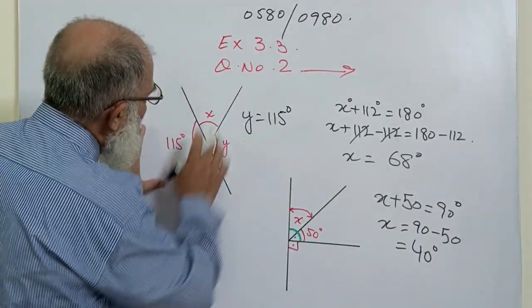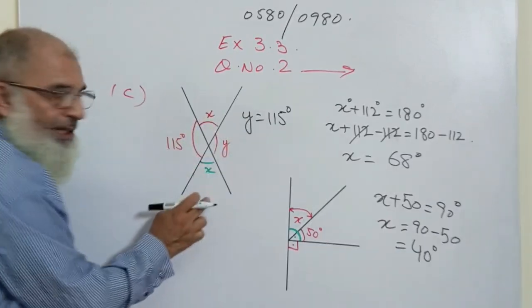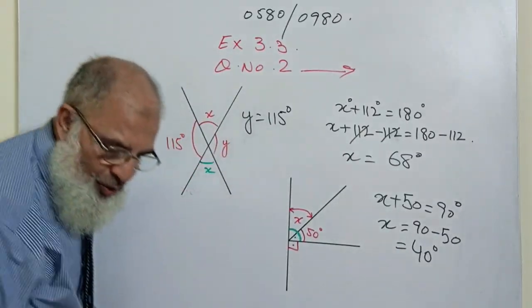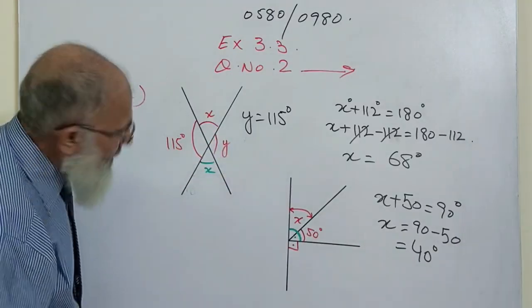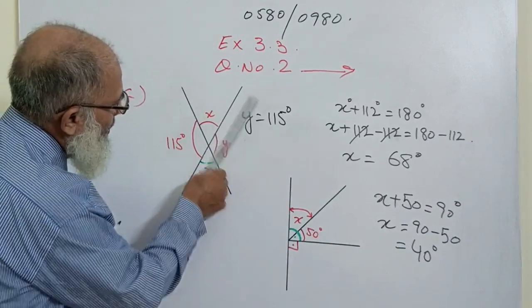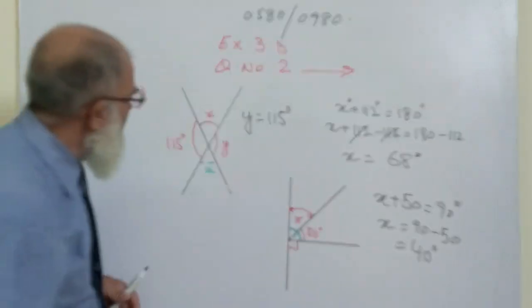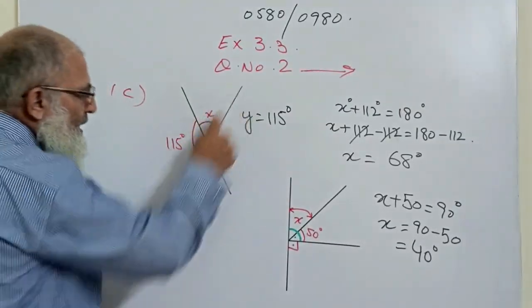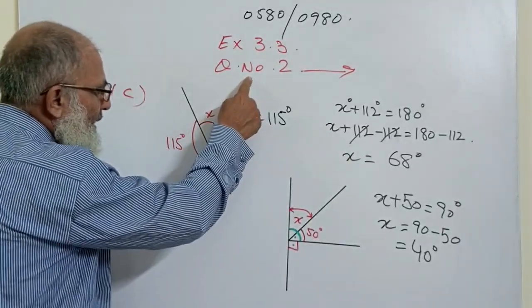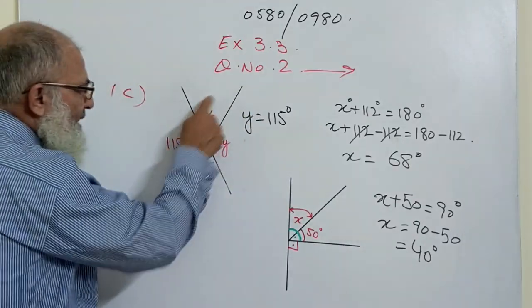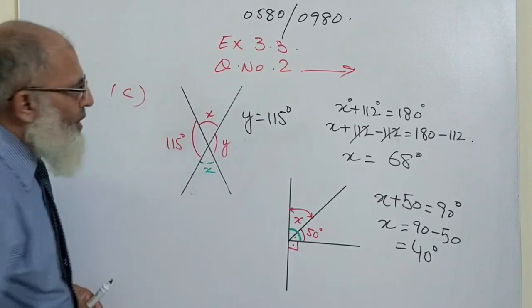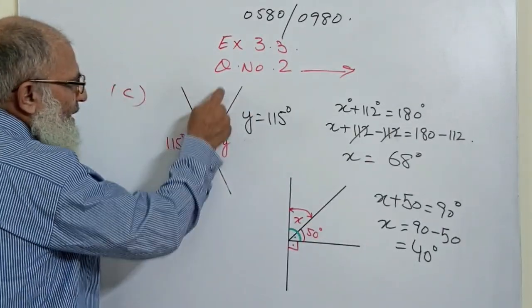Now what about x over here and x over here? If you hide this portion, then you see that there is only one line from here to here and an angle x and y. So this is a supplementary angle.